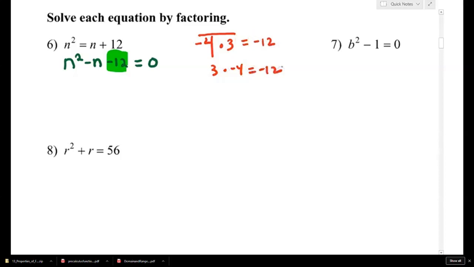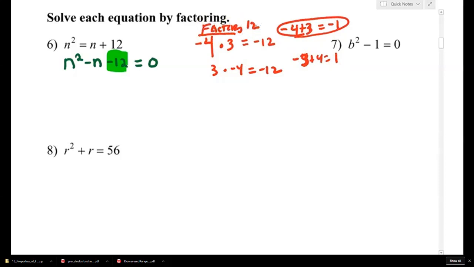But now you got to check. When you add them, will they become negative 1? So negative 4 plus 3 gives you negative 1. Negative 3 plus 4 gives you 1. So it should be the factors negative 4 and 3. So these are the factors of negative 12.